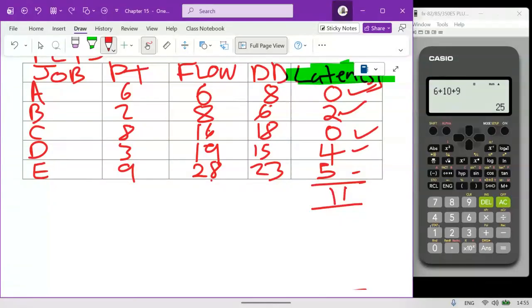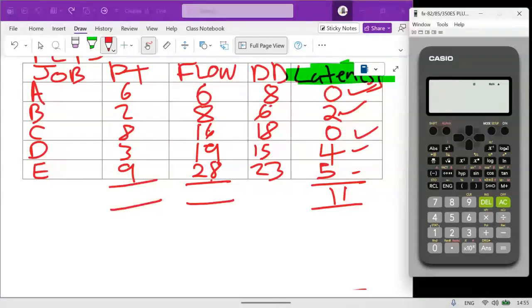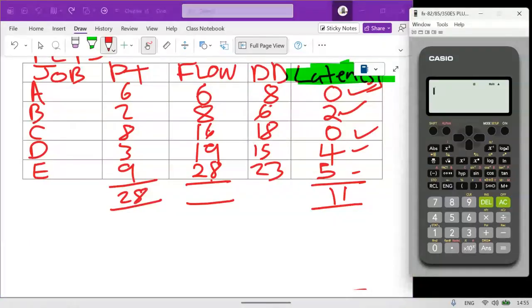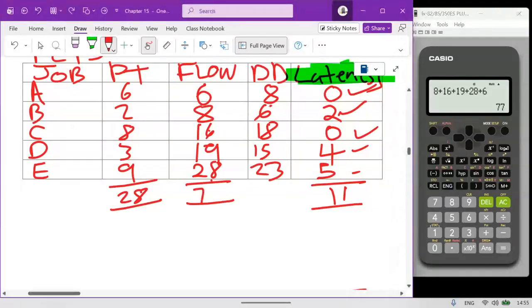And then also the flow time, and also this one, 16 plus 3, 19, 28. Then 8 plus 16 plus 19 plus 28 plus 6. Here, do you find 77? I found 77.